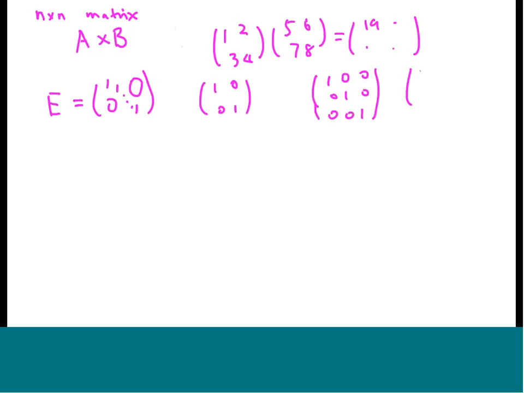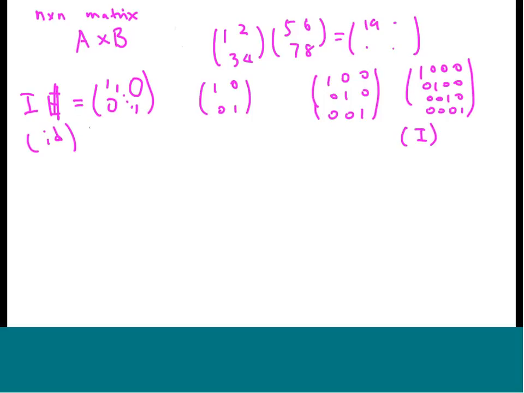Same thing for larger sizes. Sometimes we call it I, sometimes E. Probably most often it's called I, because it's called identity, like 1 in the general multiplication with numbers.